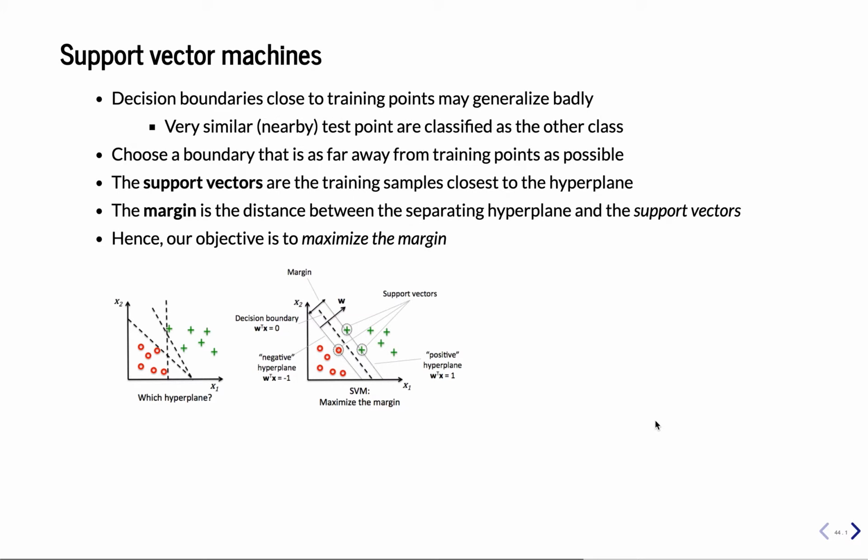Now, a second type of model which is very useful are support vector machines. The idea there is that you find a hyperplane that not just separates the green points from the red points here, but it also maximizes the margin between them.